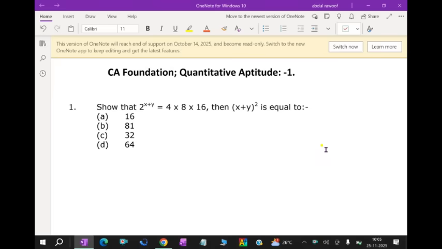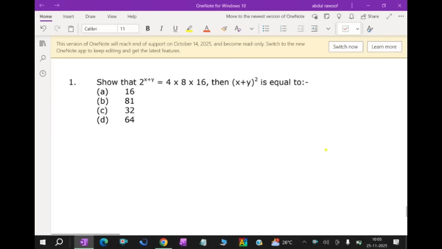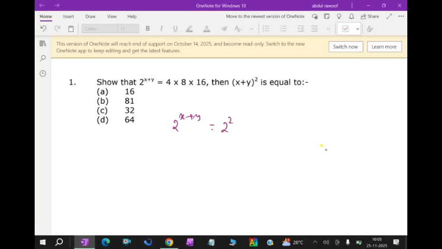4 into 8 into 16, then x plus y square. Here we can split: 4 is 2 square, 8 is 2 cube, and 16 is 2 power 4.